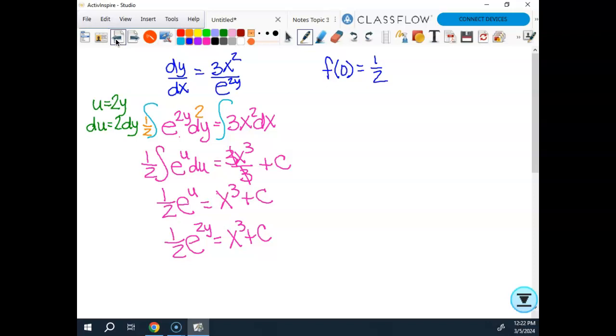Okay, let's look at our points. We got 1 point for the separation, 1 point for the integration, 1 point for this. So I got you to the 3 points, right?